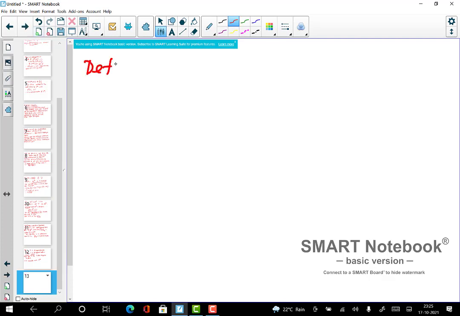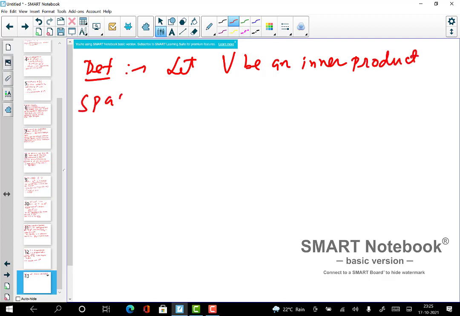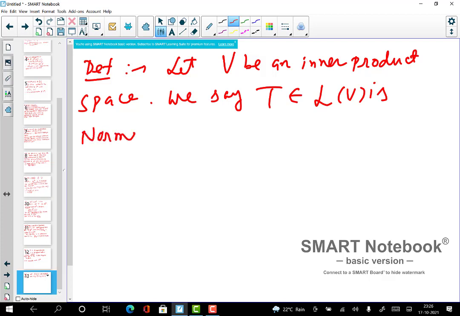Definition. Let V be an inner product space, and we say T belonging to L(V) is normal, it's very important, or rather a normal operator, if T commutes with T star.